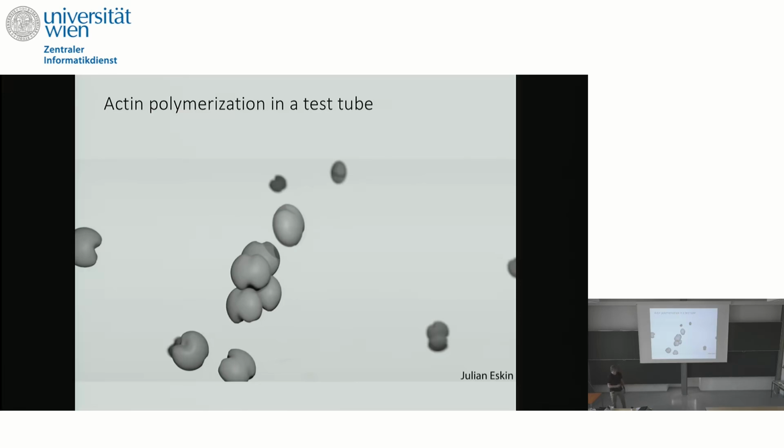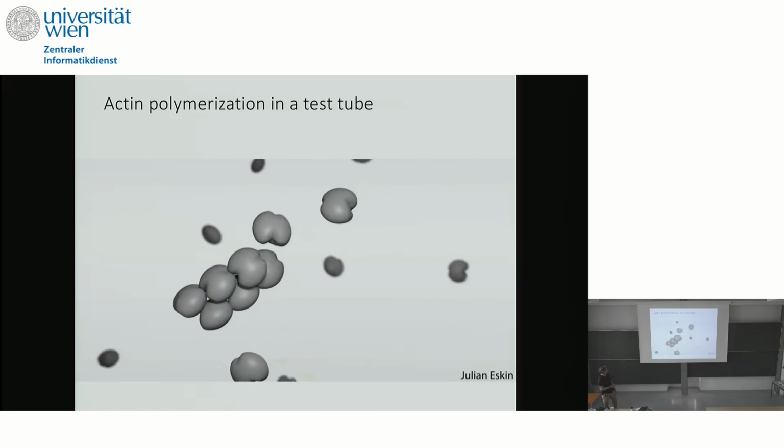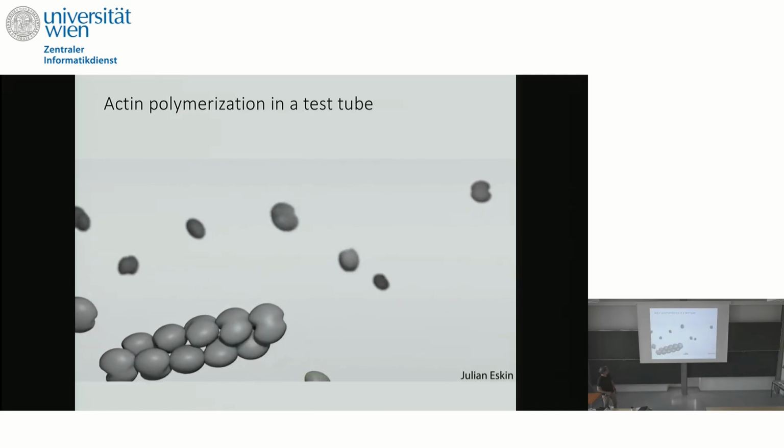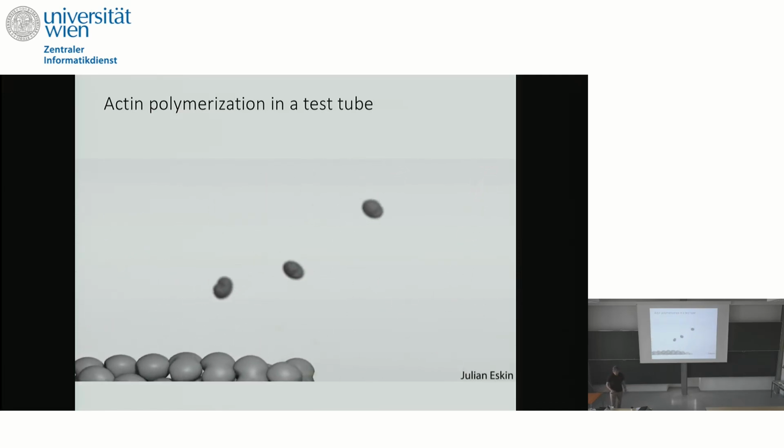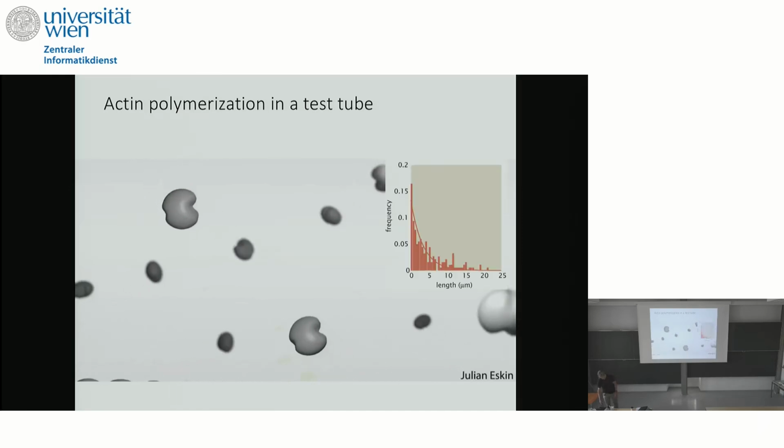If you put them in a test tube, they'll diffuse around and they'll form filaments by attaching to each other. And if you do this in a test tube, in general, you'll find that the lengths of these filaments follow an exponential distribution. So if you plot the frequency of different lengths of these filaments occurring in solution in equilibrium.